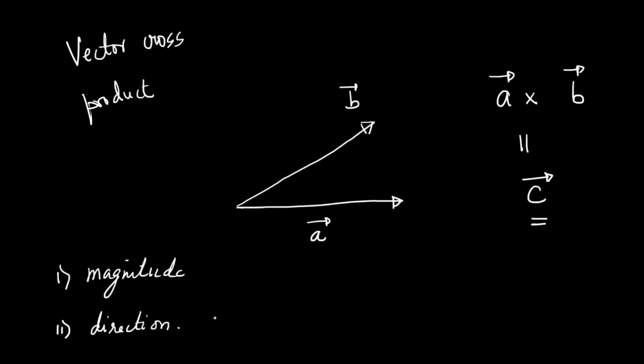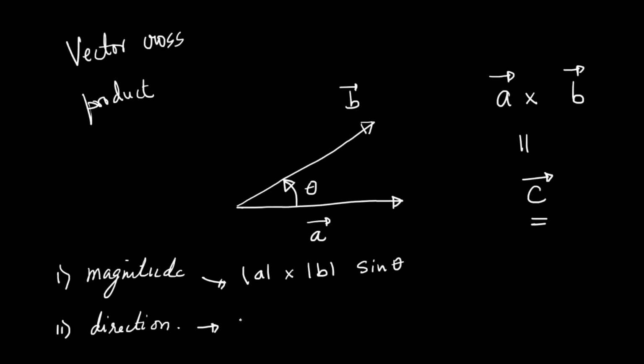Now the magnitude is going to be mod of A into mod of B into sine theta, where theta is the angle as you go from A to B in the anticlockwise direction. Right. Next, you need to ask what is the direction.